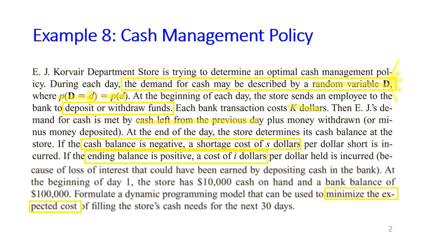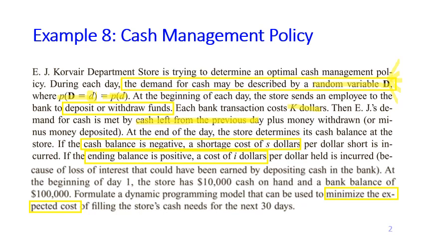Similar to inventory, it is the cash that you have from the previous day, plus if you withdraw money or minus if you deposit some of that cash to the bank. And the remaining is the one that you use today to do the business in your department store.